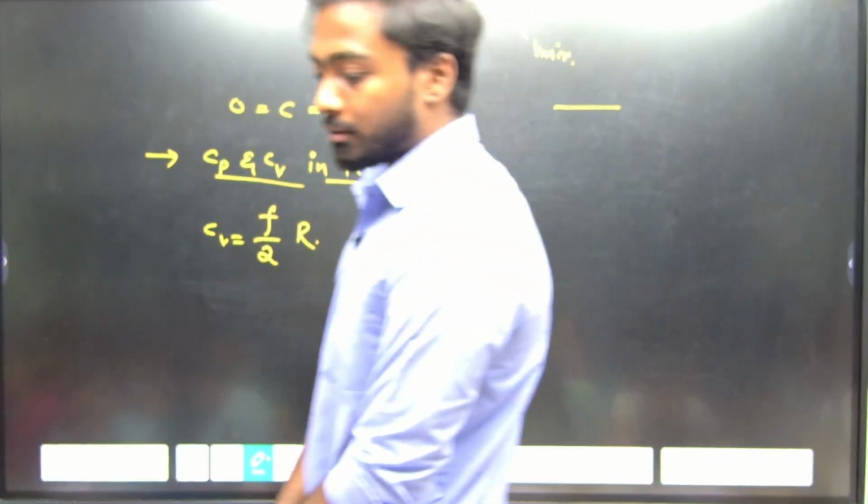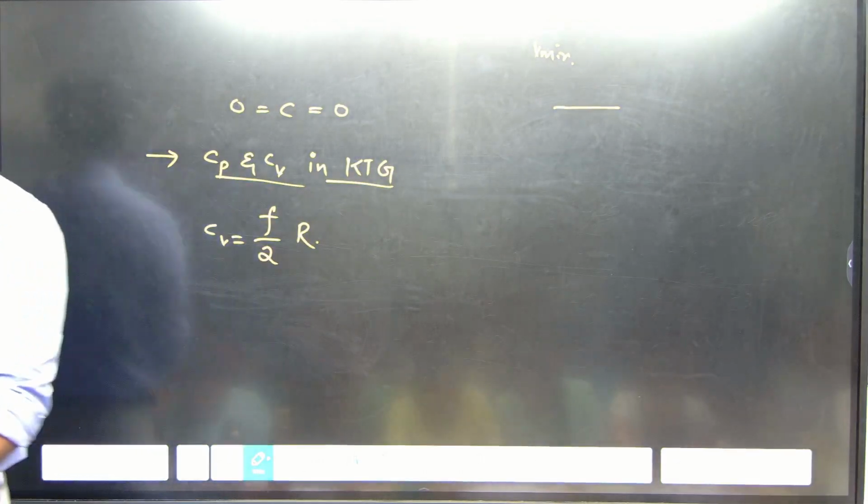The other formula for Cp by Cv is gamma.